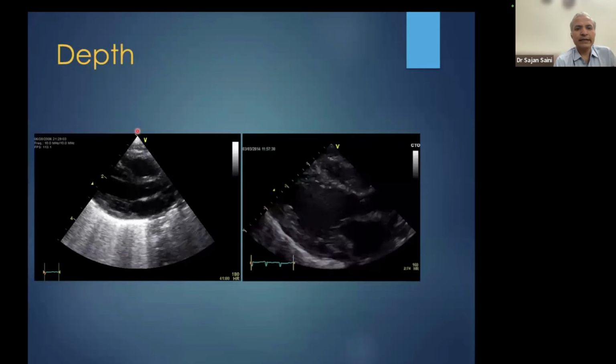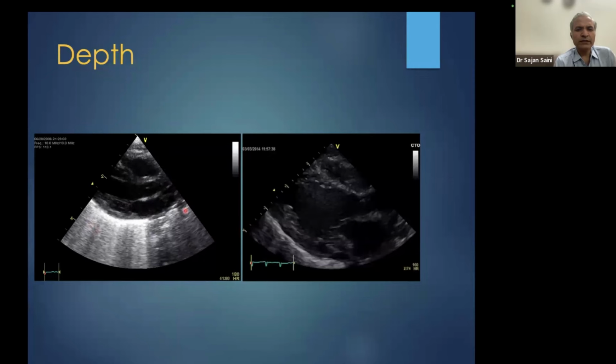So what is the depth? Suppose I want to interrogate this. This is an apical four-chamber view. Many of you might know, but for those who don't, I will orient you to this. This is a parasternal long axis view, and this particular view shows the wall of the right ventricle, the interventricular septum, aorta, left ventricle, the mitral valve, and left atrium.